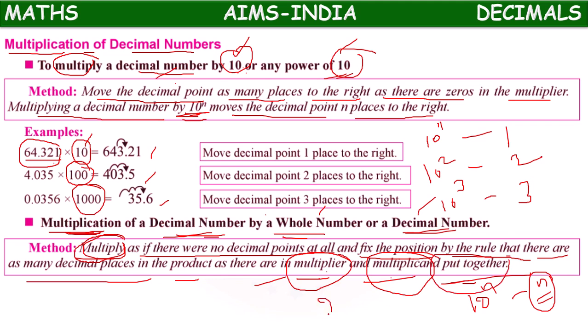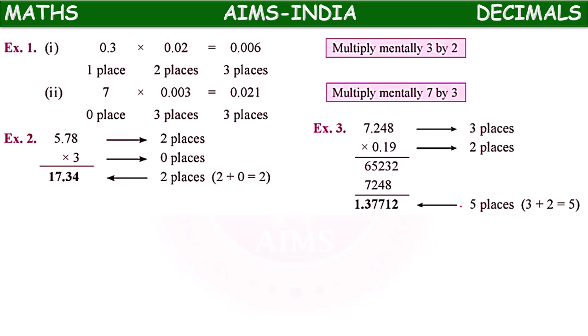In the multiplier, if we have 2 decimal places, in the multiplicand, if we have 3 decimal places, so then for the result, we have to keep 5 decimal places. For the product, we have to keep 5 decimal places. This is the rule of multiplication of decimal number with whole number or another decimal number. Let's see some examples.